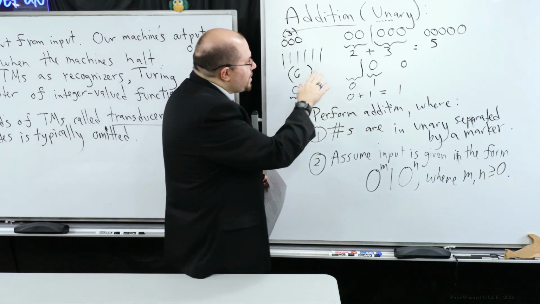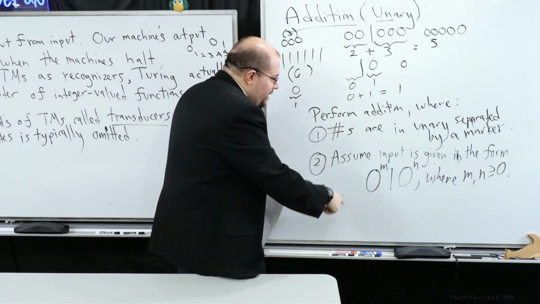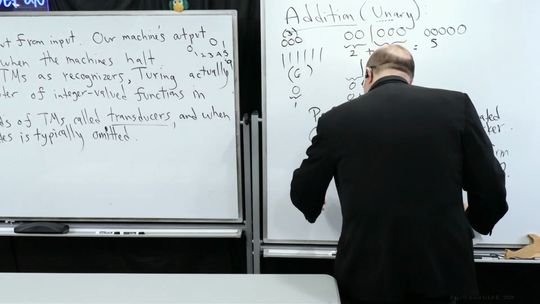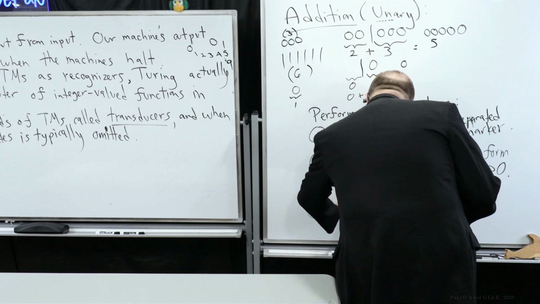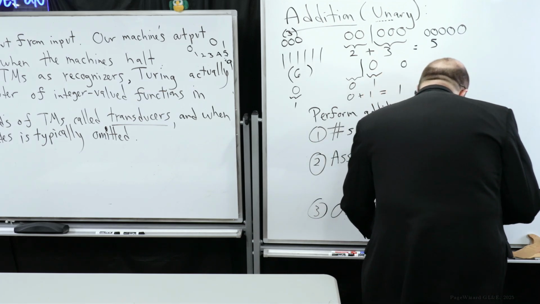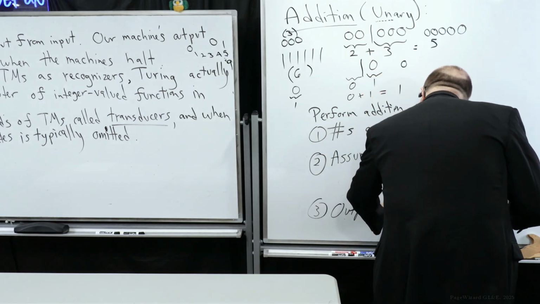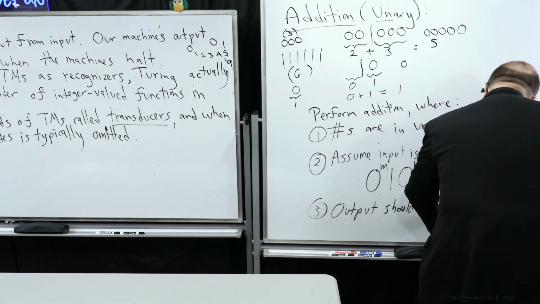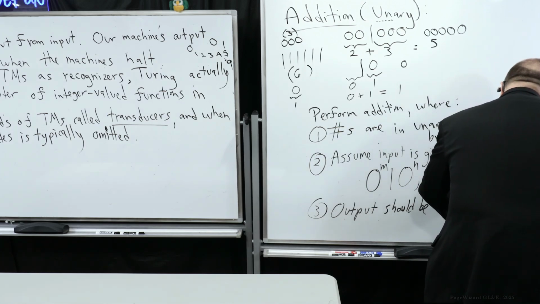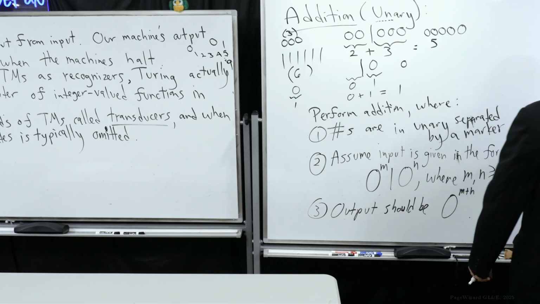So let's figure out what we're going to do with this. Now that we know that, what should the answer be? The output that should be left on the tape should be 0 to the m plus n.